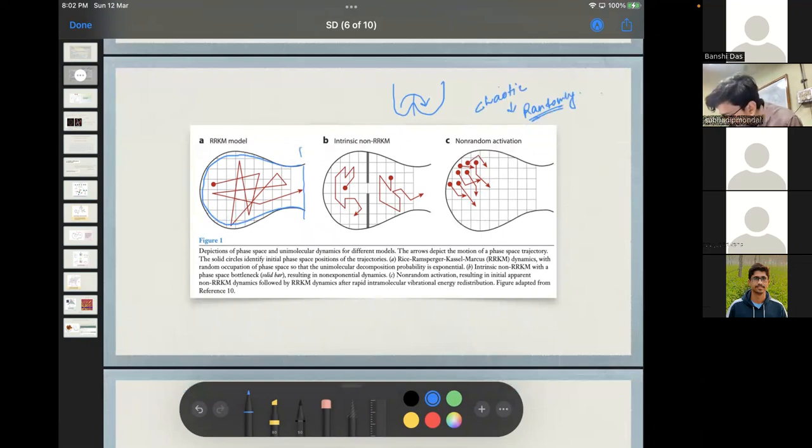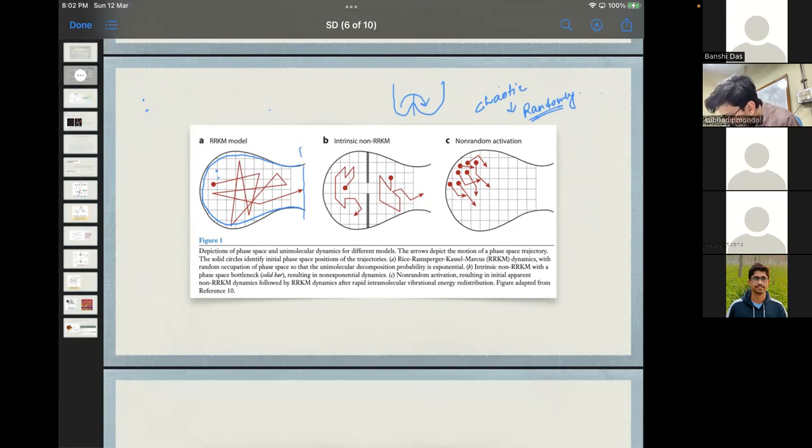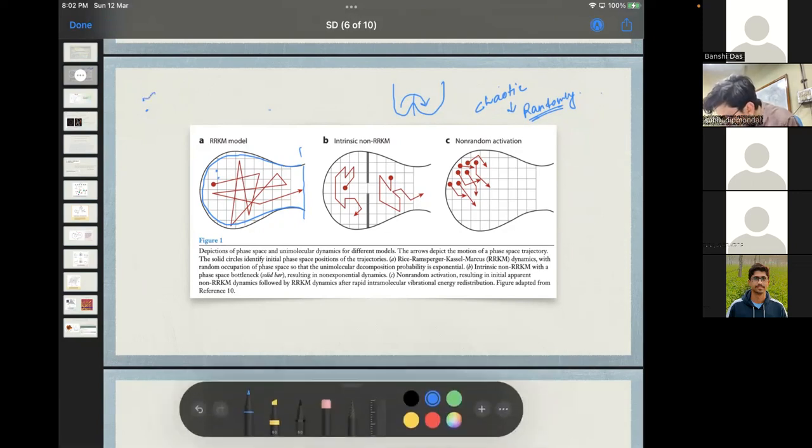If you take two initial points, let's say two initial points here, then with time this trajectory is doing this, and this trajectory is doing like this.